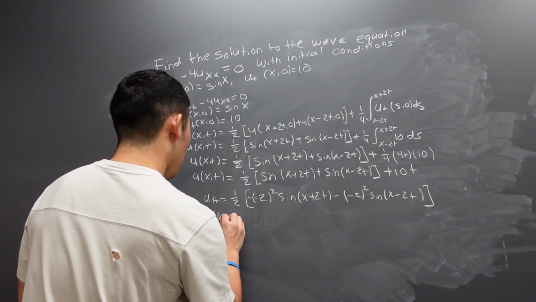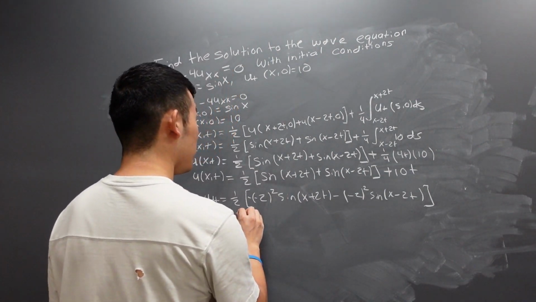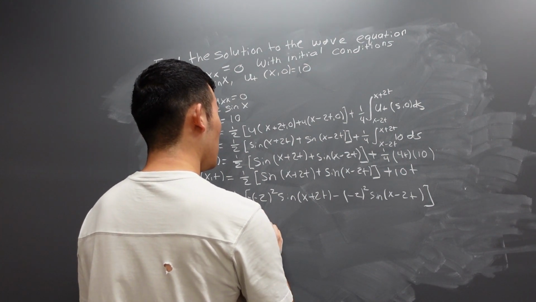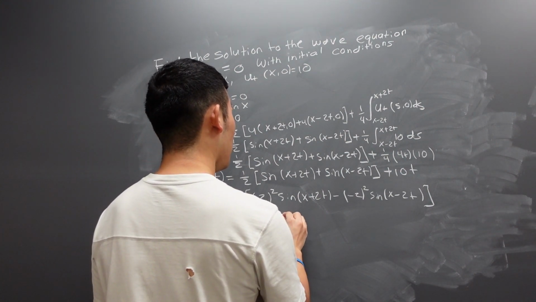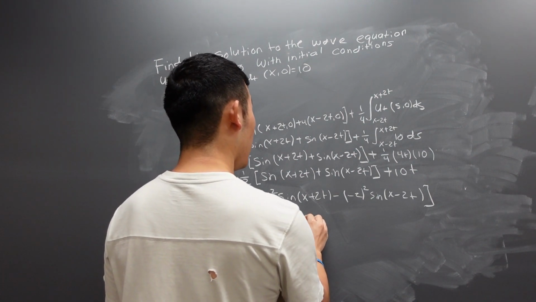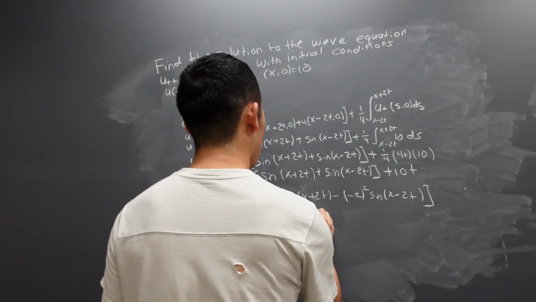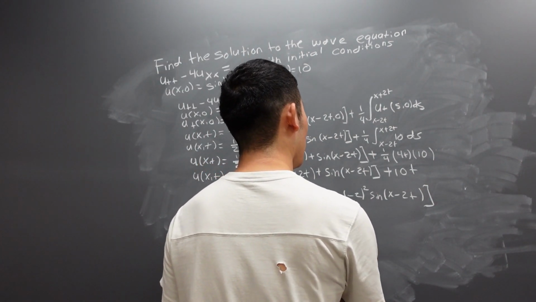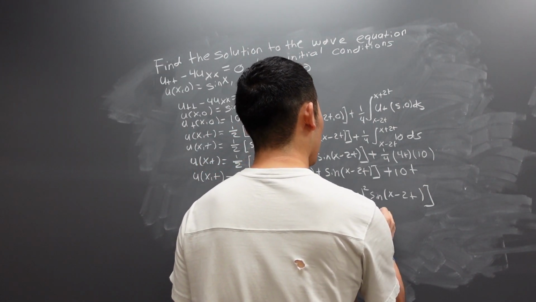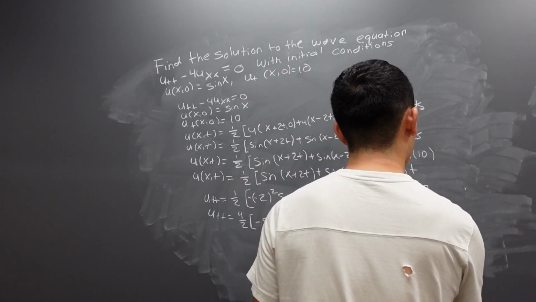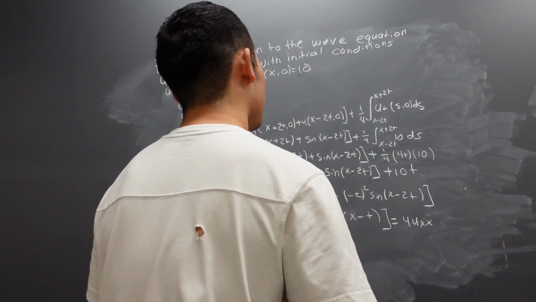This would be u_tt is equal to, let's see, 4 over 2 of negative sine of x plus 2t minus sine of x minus 2t, which is equal to 4 u_xx.